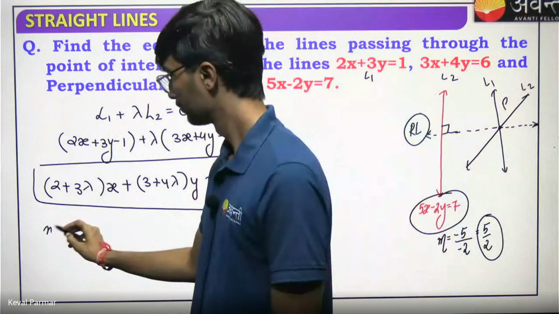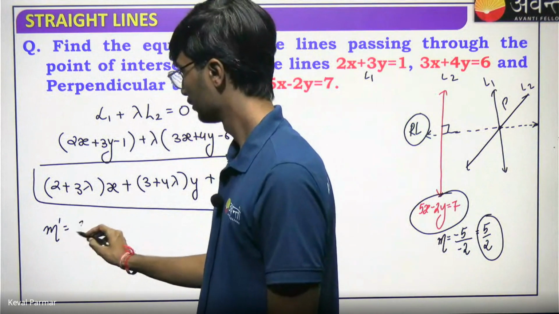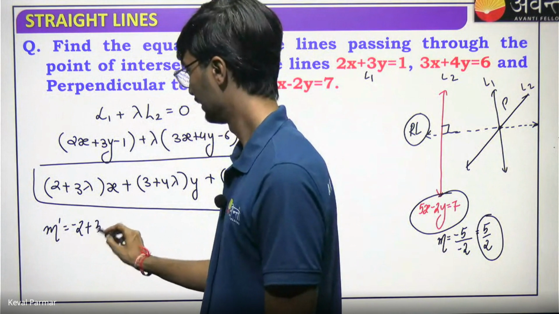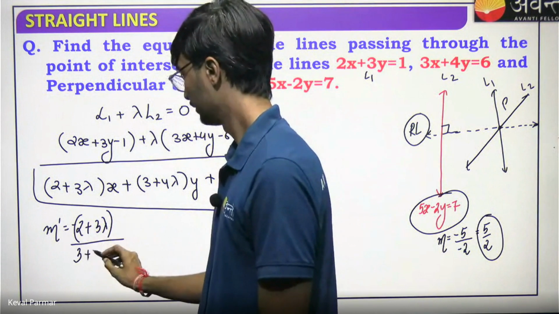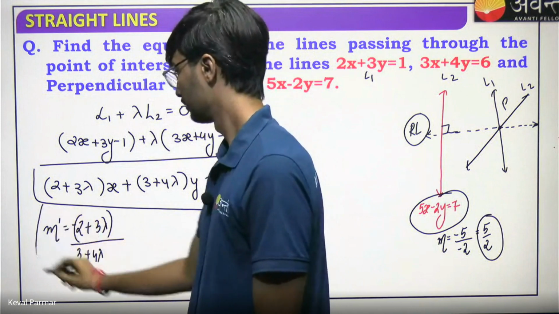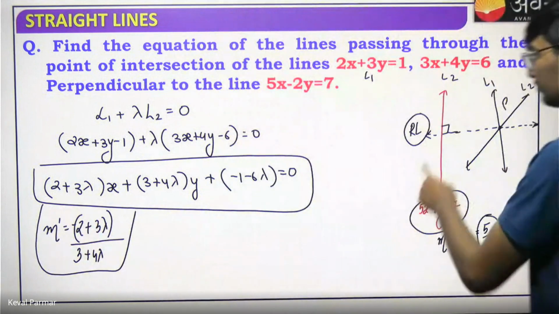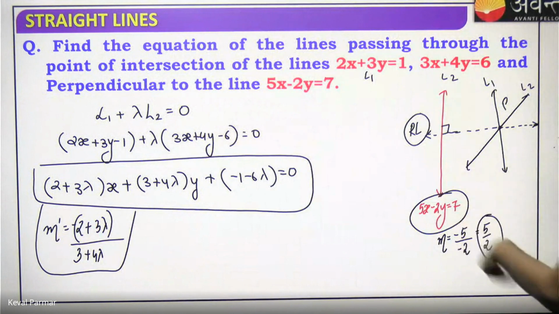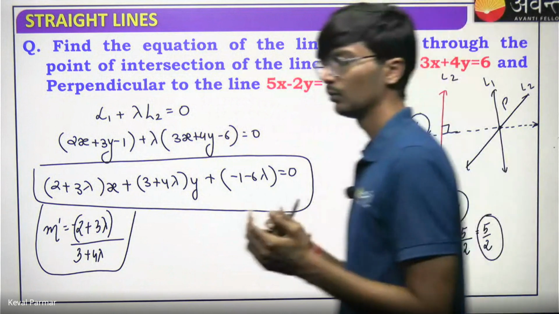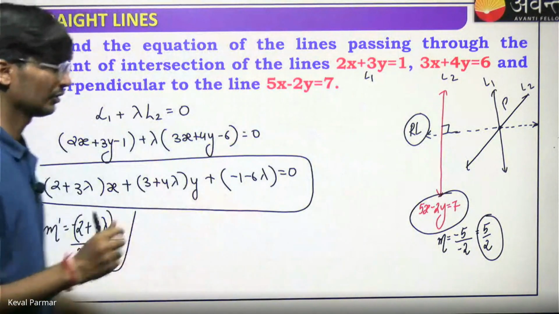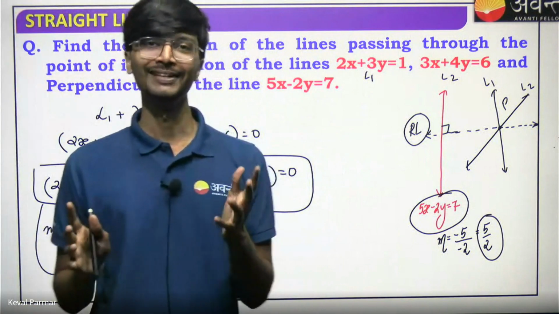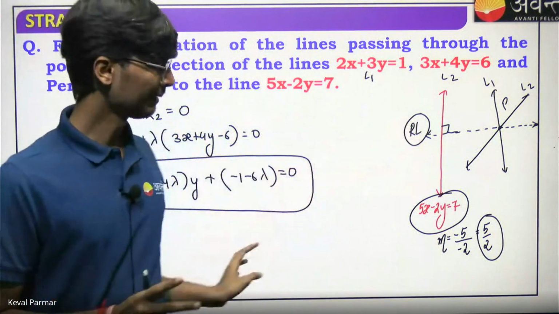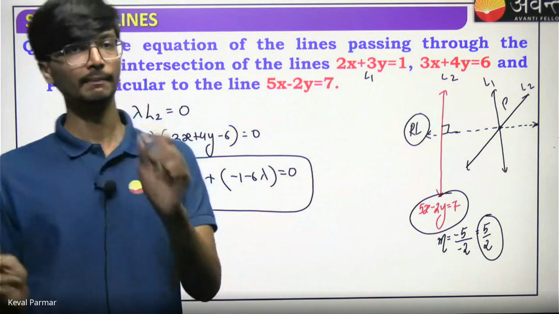Slope is, let's say m dash, minus (2 plus 3 lambda) upon 3 plus 4 lambda. Since the required line and this line, the red one, are perpendicular, we know the condition that the product of their slopes will be minus 1. We studied in the last lecture, if two lines are perpendicular, then the product of their slopes is minus 1.